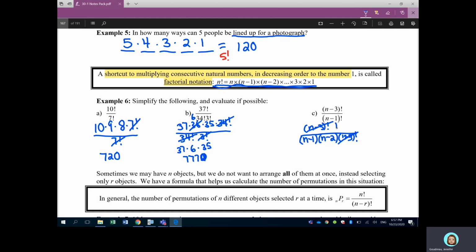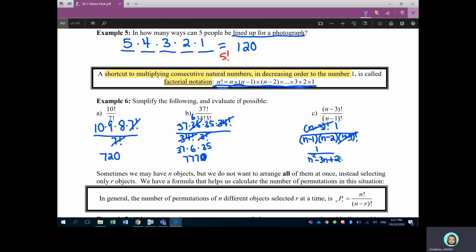That leaves us with a 1 in the numerator and n minus 1 times n minus 2 in the denominator. I'm just going to expand the denominator. That's going to give us n squared minus 2n minus n, collecting like terms, n squared minus 3n plus 2. That would be our final answer for C. That's the simplification we can't evaluate.